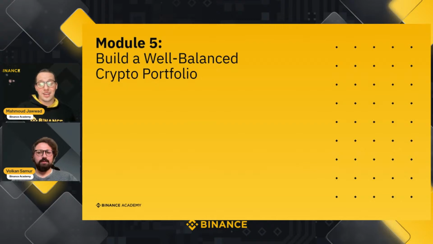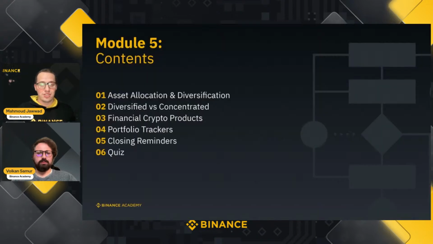And yeah, getting started with crypto investing is as easy as purchasing your first Bitcoin, Ether or any other cryptocurrencies. After that, building a well-balanced crypto portfolio is not that different from balancing a traditional portfolio. But when creating an investment portfolio, you should be familiar with the concept of asset allocation and diversification.